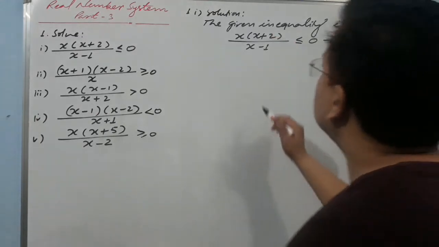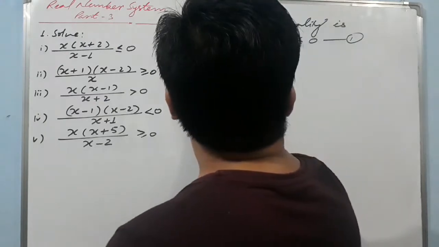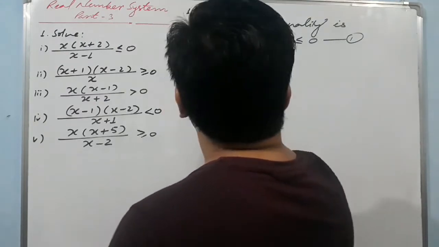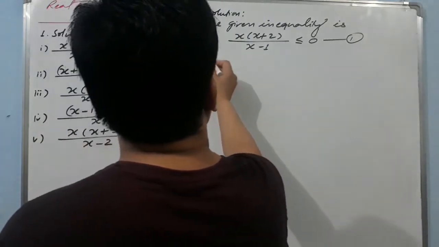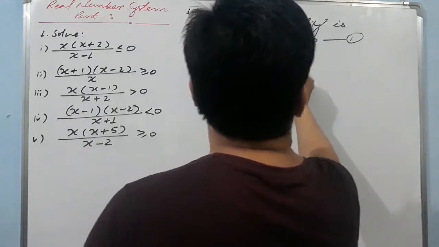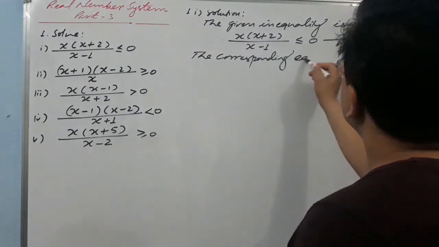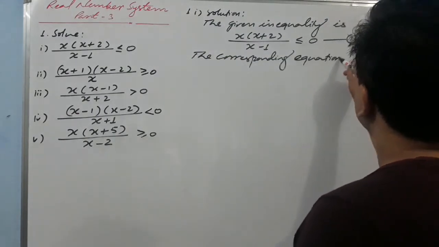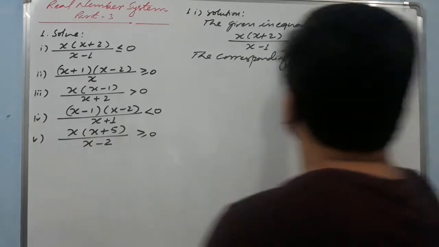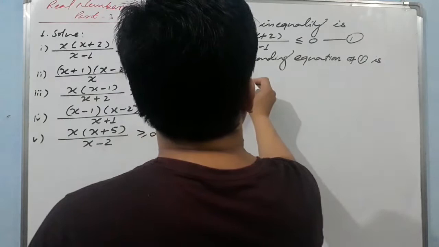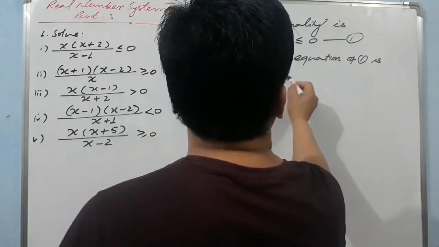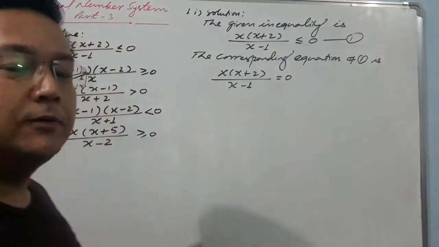Okay, so write down the corresponding equation: x plus 2 over x minus 1 is equal to 0.